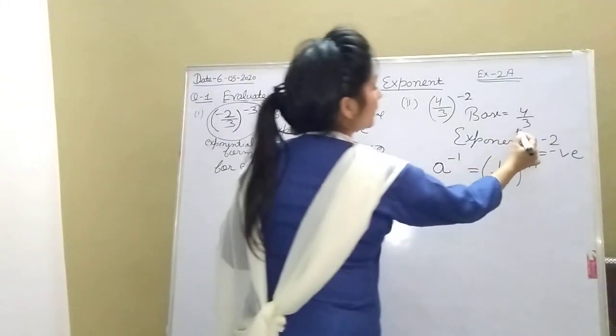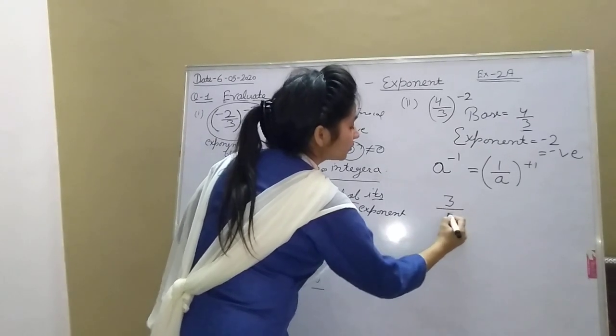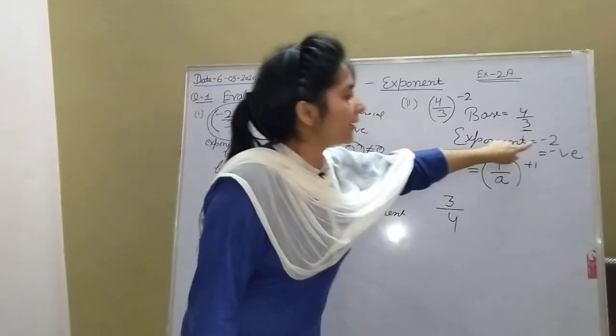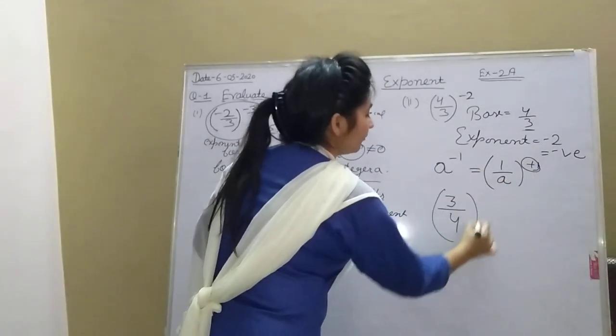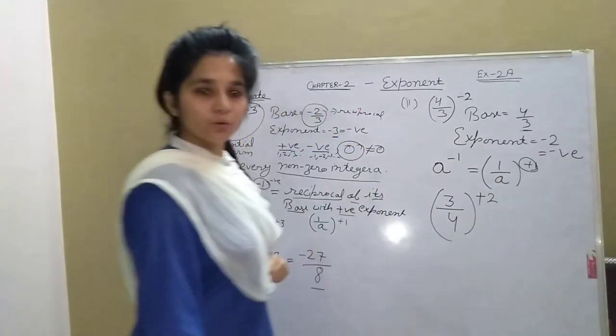Now the base is 4 by 3, then its reciprocal will be 3 by 4. And your exponent is minus 2, it will become positive 2.